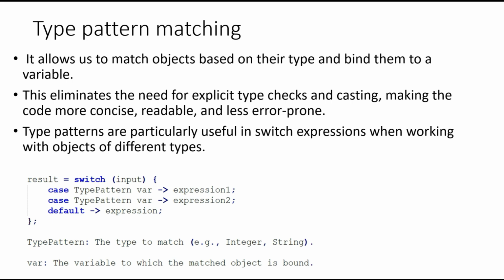If the type of the input variable matches any of these type patterns, then that case would be evaluated and the input would be typecasted into that particular type pattern, its value would be stored in the variable, and the corresponding case block would be executed.